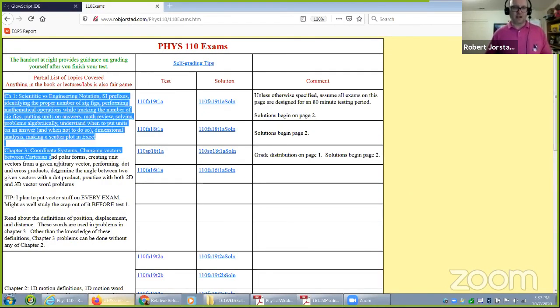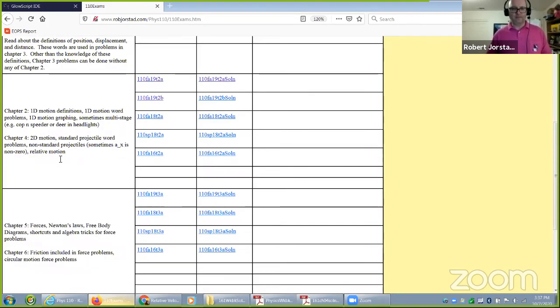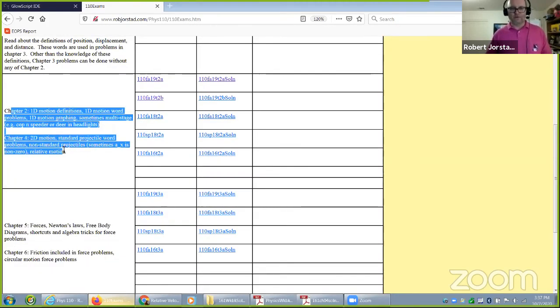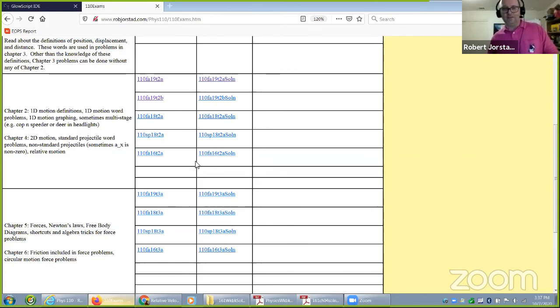So here's the chapter 1 and 3 stuff. Here's the chapter 2 and 4 stuff. So because we've pretty much done all of chapter 4 now, we're just going to do extra practice on it. You could, in theory, try all of these old tests and see how good you are. If you're going to try the test, this is what I ask that you do. Give yourself 80 minutes exactly.